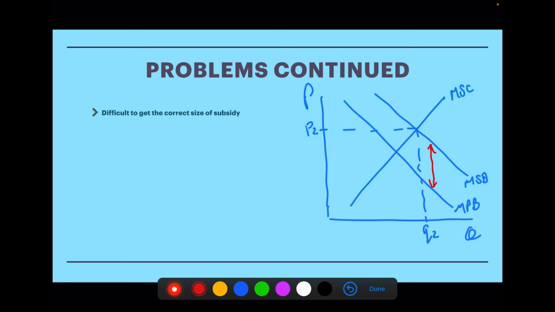And if we correctly estimate it, then we will be able to figure out where Q2 is, whether it's where I've drawn it here, a little bit to the left, or a little bit to the right. So in order to know how much subsidy to use, we've got to know exactly where Q2 is. And it's very difficult to estimate the size of the positive externality.